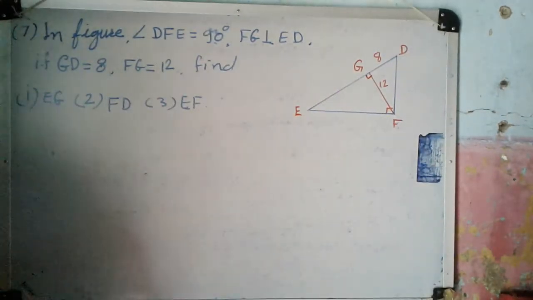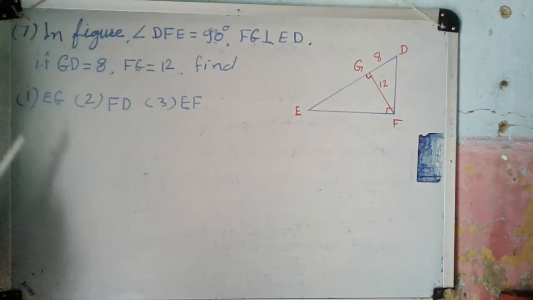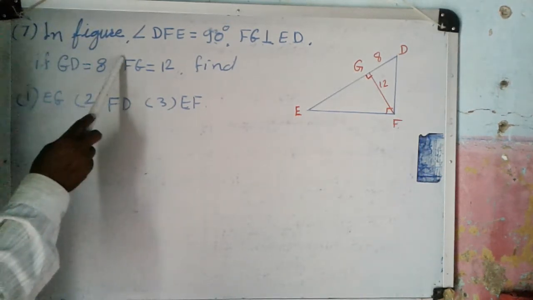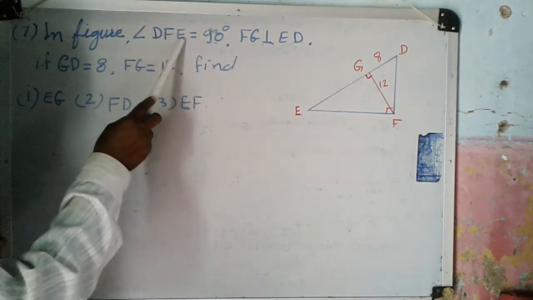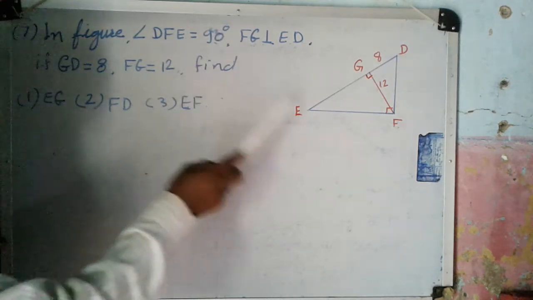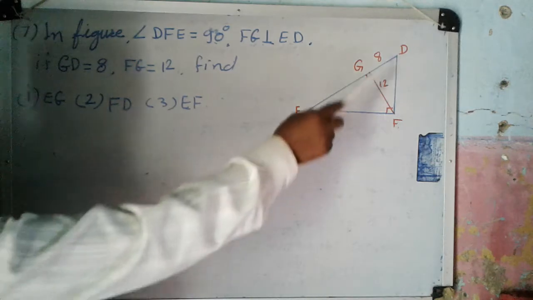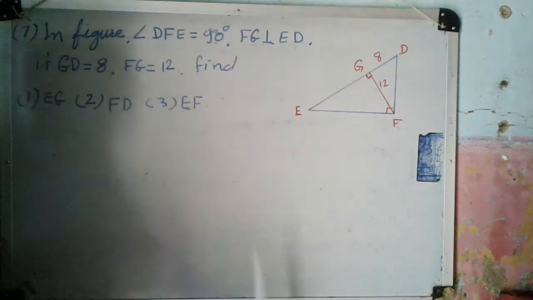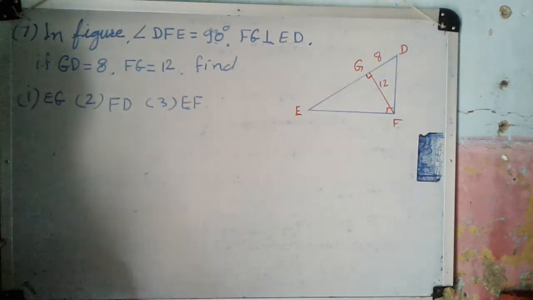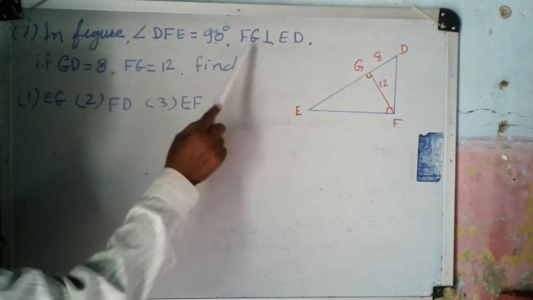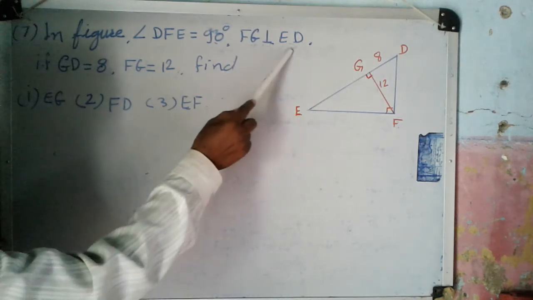Okay, now see here question number 7. In the figure, angle DFE is equal to 90 degrees. That means triangle DFE is a right angle triangle and ED is the hypotenuse, and FG is perpendicular to ED.